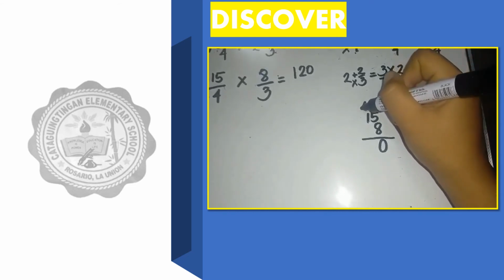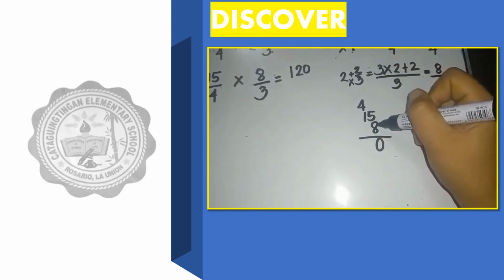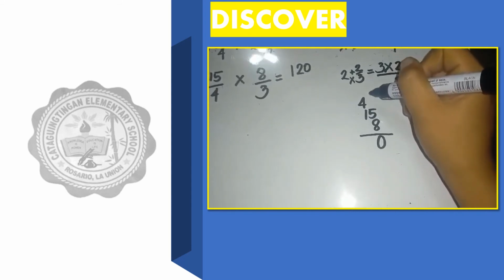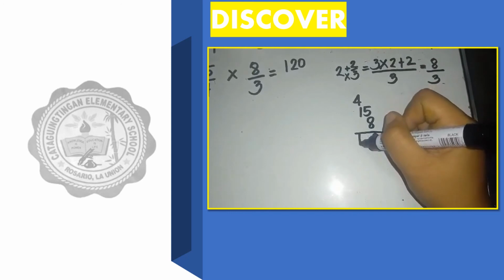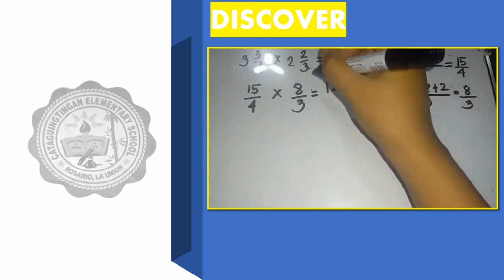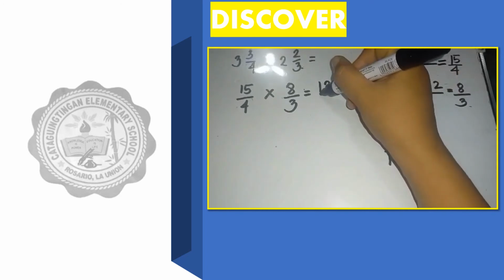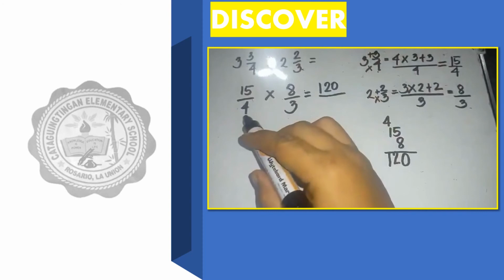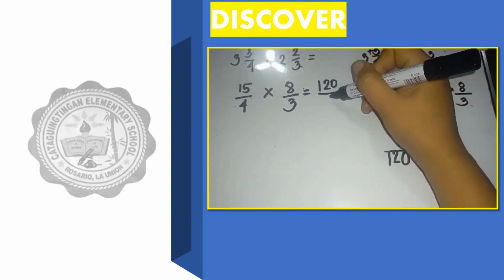Lalagay natin po doon yung 4. 8 times 1 is 8, plus 4 is 12. So, magiging 120. Then, let us multiply the denominator. 4 times 3 is 12.